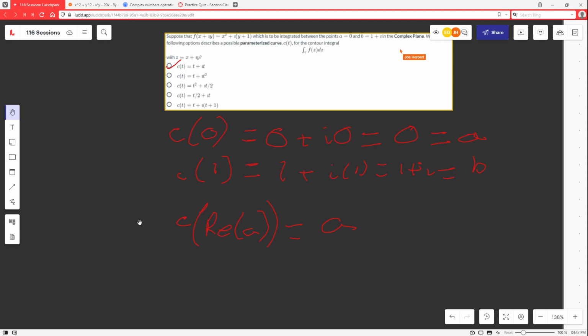So you give it the real part and it gives you the full complex number. For example, in this question, we do C of 0, because that's the real part of A, sorry. We plug that in, and we get 0 as a result, which is A. So what we're really checking for here isn't that there is a number that works. We're checking that if you put the real part into the function, into C, then you get the full complex number.